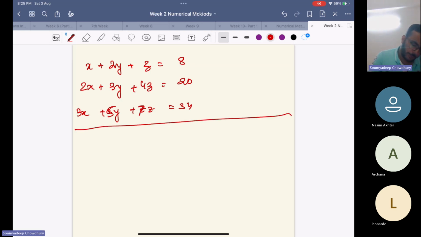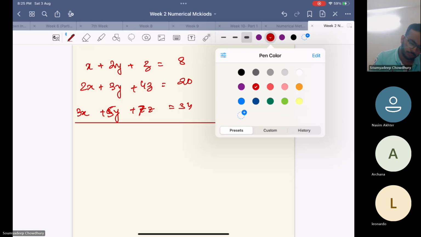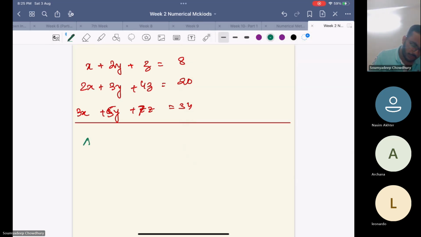So from this, I write the value of A as 1, 2, 1, 2, 3, 4, 3, 5, 7.